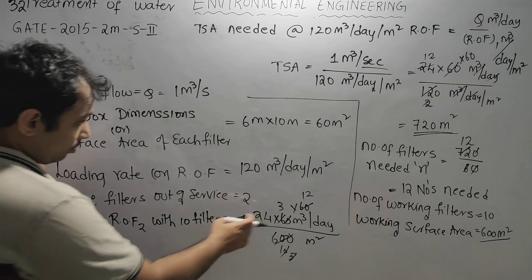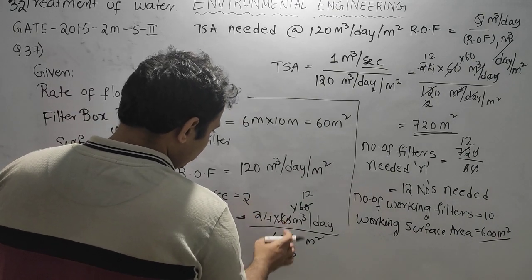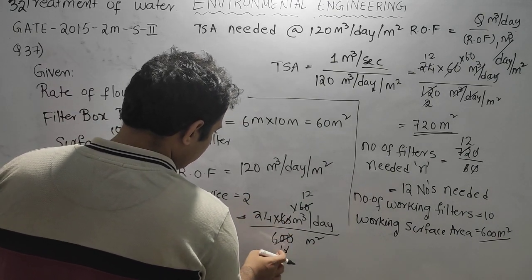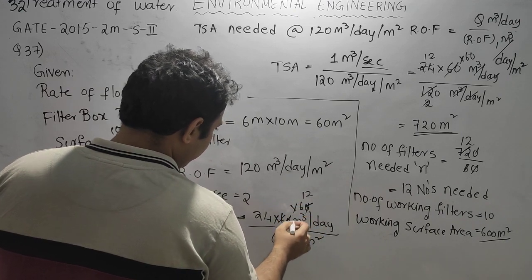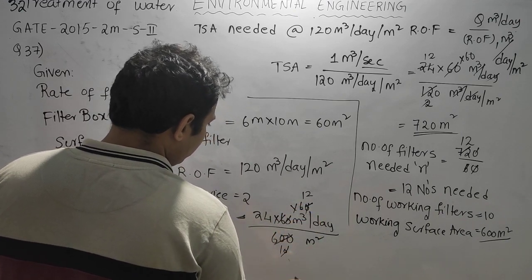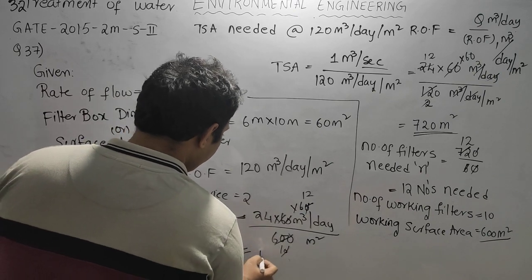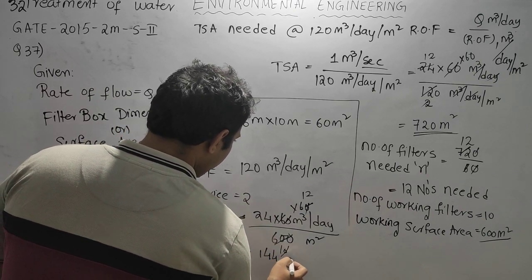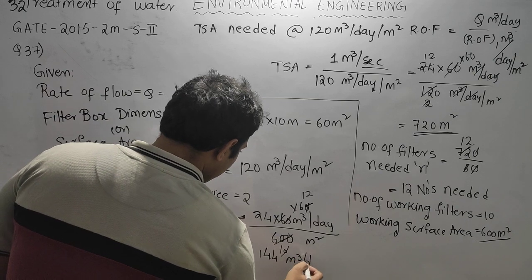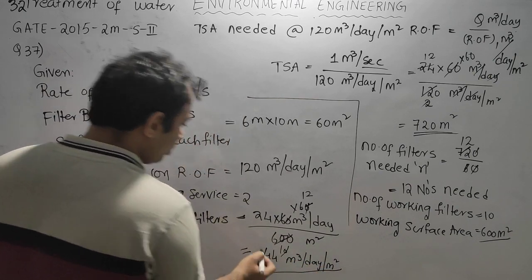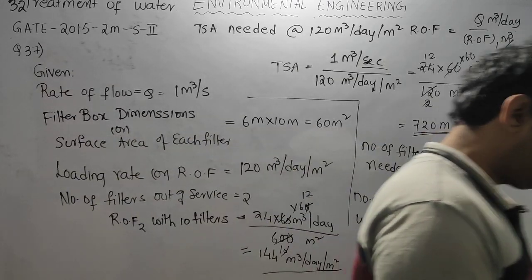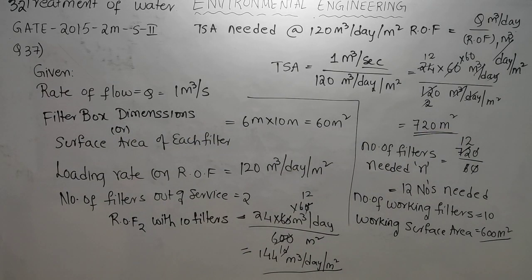Okay, I did some calculation mistakes. 60 tens are 600, so this 10 and this 0 will go away. So 24 sixes, it is nothing but 144. So the answer is 144 meter cube per day per meter square.